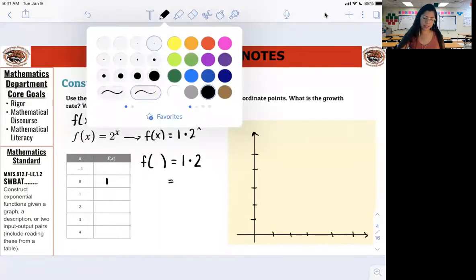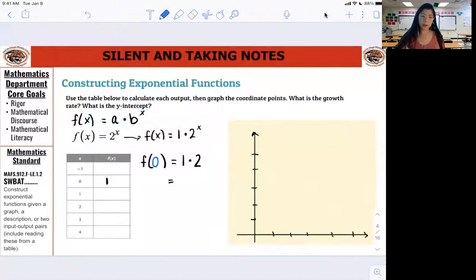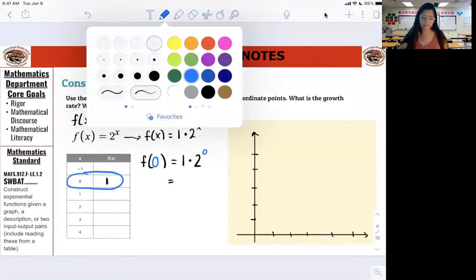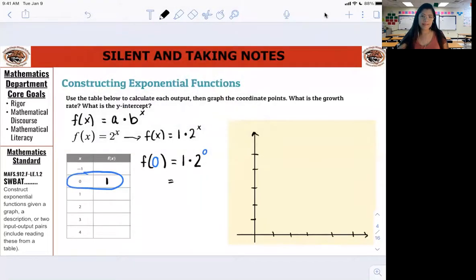Let me show why that's true. Let me go back. If I plug in 0, I already know I'm supposed to get 1, because I know that's the y-intercept. When you plug in 0, what is 2 to the power of 0 again? 1.